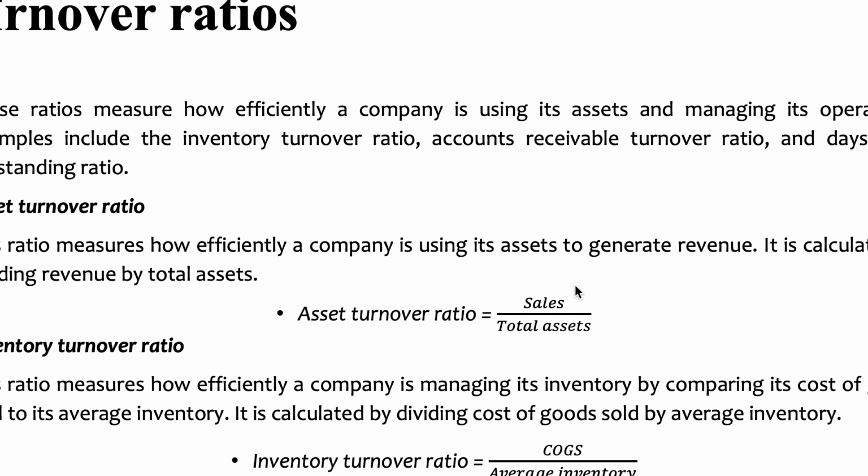Then the inventory turnover ratio measures how efficiently the company is managing their inventory by comparing the cost of goods sold to its average inventory. The average inventory is the inventory divided by 2.